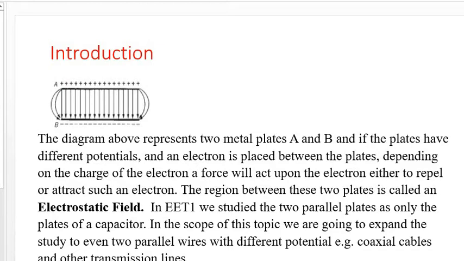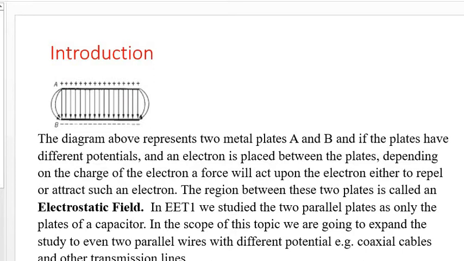So at the diploma level, we are going to look at different types of capacitors, not necessarily parallel plate capacitors. We are also going to look at concentric cables. For example, a coaxial cable is a concentric cable where the inner conductor is considered as one plate and the outer shield is considered as another plate.